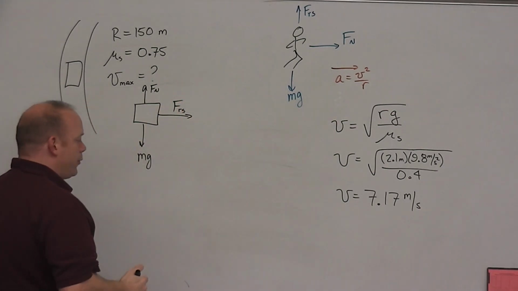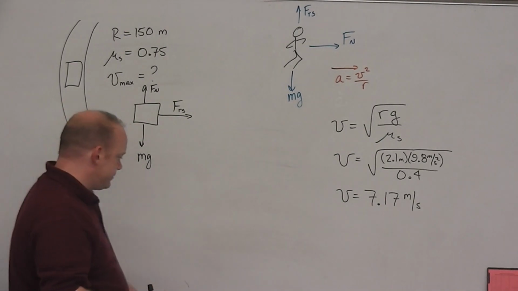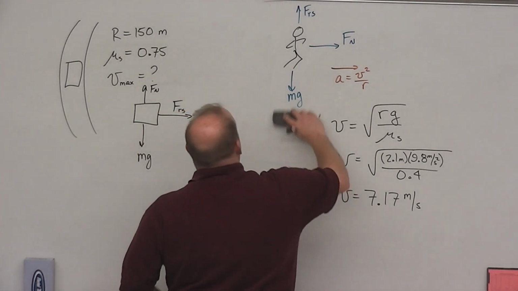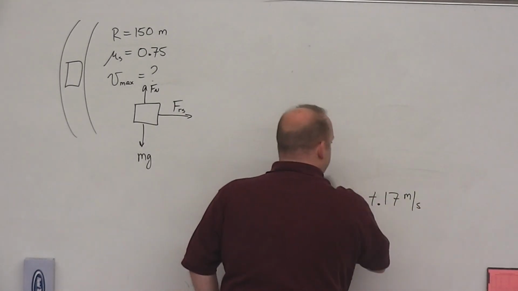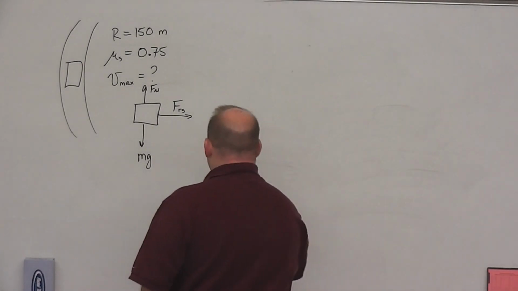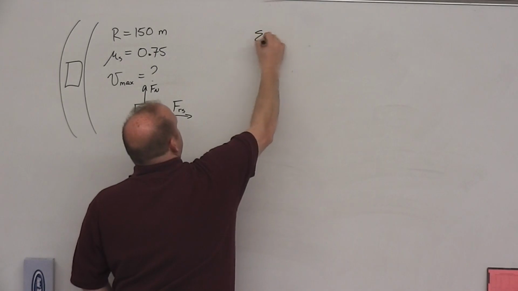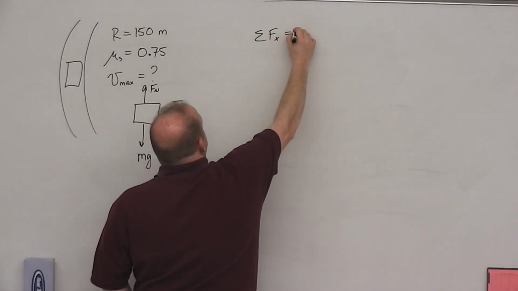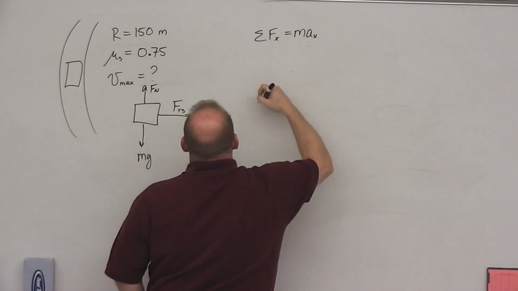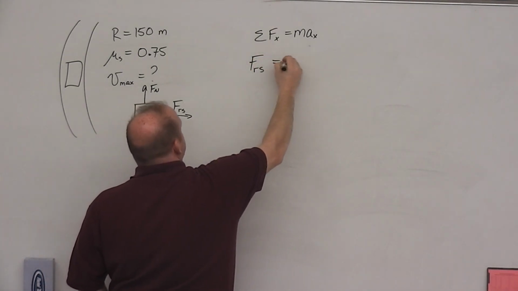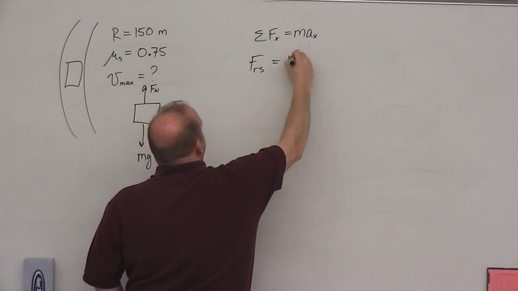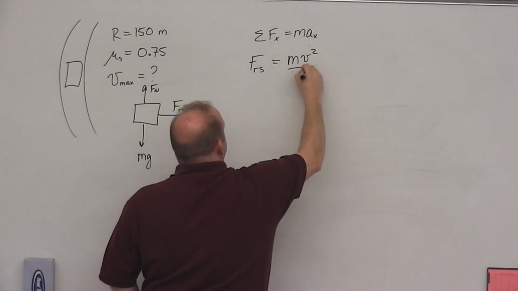Again, we're looking at a max situation, the point where it goes from rolling to sliding. So the sum of all forces in the x equals mass times acceleration in the x. In this case, static friction is acting in the x, mv squared over r.